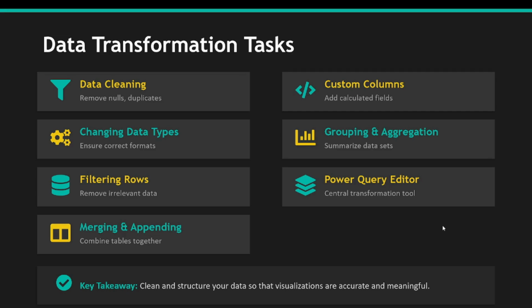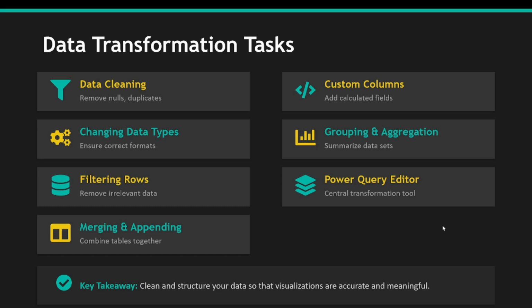It is critical to ensure that every column has the correct data type because data types affect how calculations are performed, how dates are recognized, and how visualizations render. Fixing data types prevents many downstream errors in your calculations and visuals.